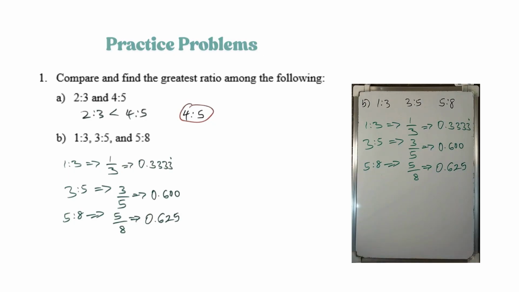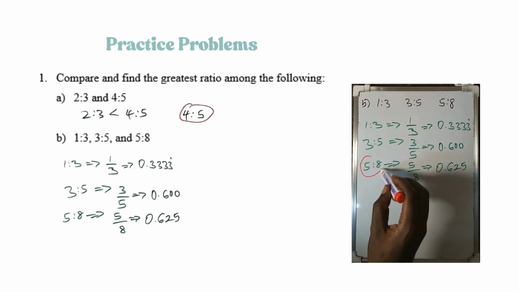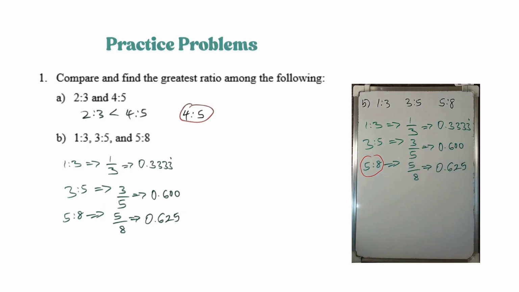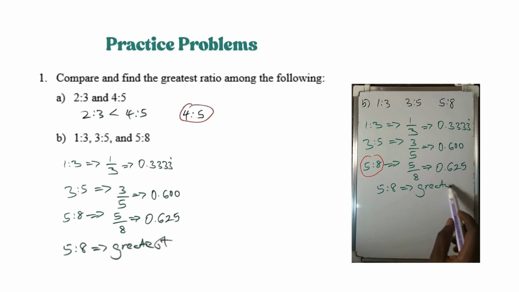Now from these decimals, we can see that the greatest is 5 to 8. So let's write here that 5 to 8 is the greatest.